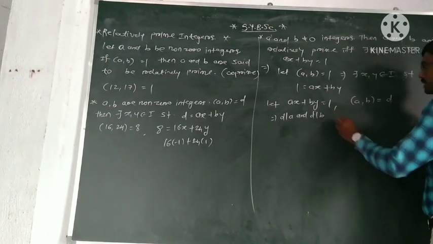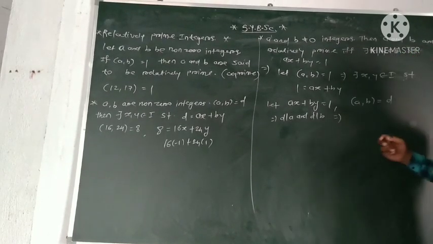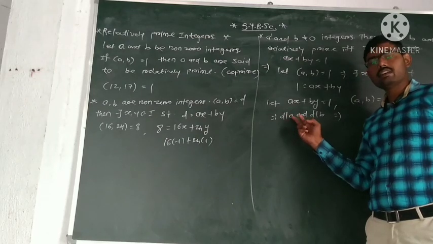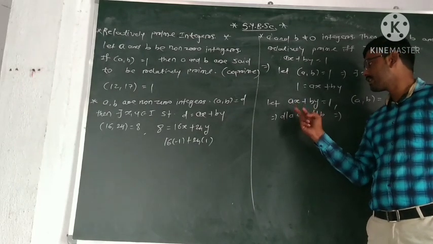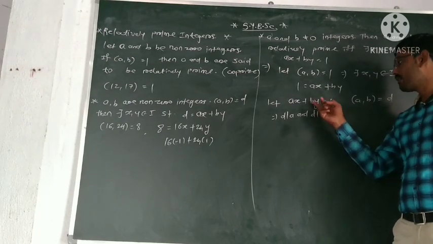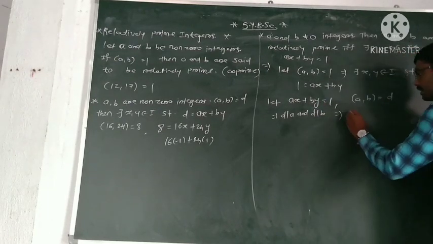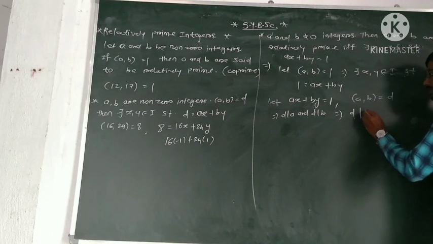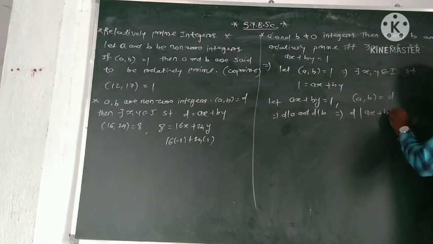This implies d divides any multiple of a. So d divides ax, and d divides any multiple of b, so d divides by. So d divides ax plus by.